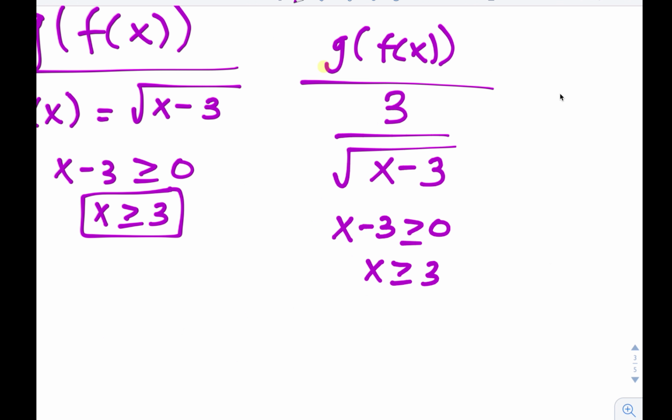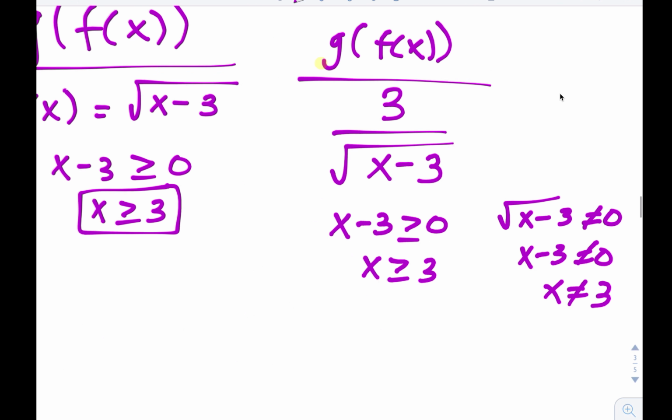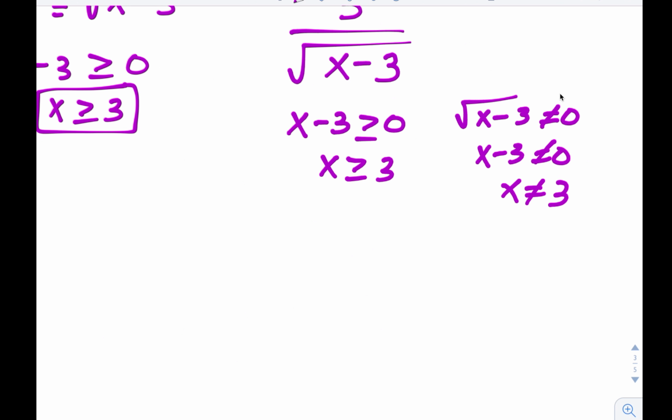Okay, and I have to make sure that the whole denominator doesn't equal 0. Okay, so that would be, if I square both sides, x minus 3 can't be 0, x can't be 3. Okay, so if you put both of these together now, x has to be greater than or equal to 3, x can't equal 3. That concludes that x has to be greater than 3. Okay, because you can't equal 3 because it's not going to work.